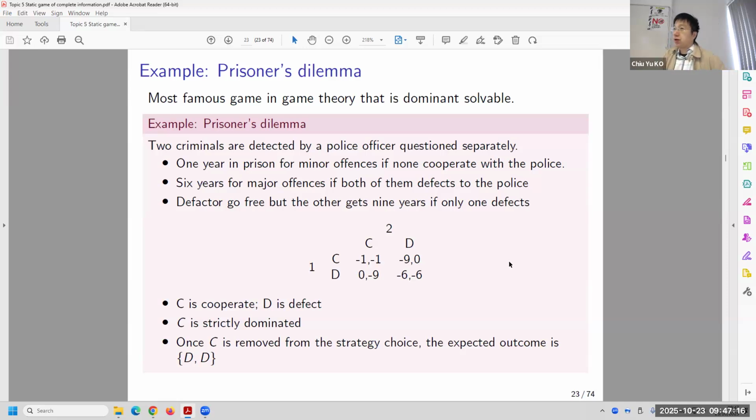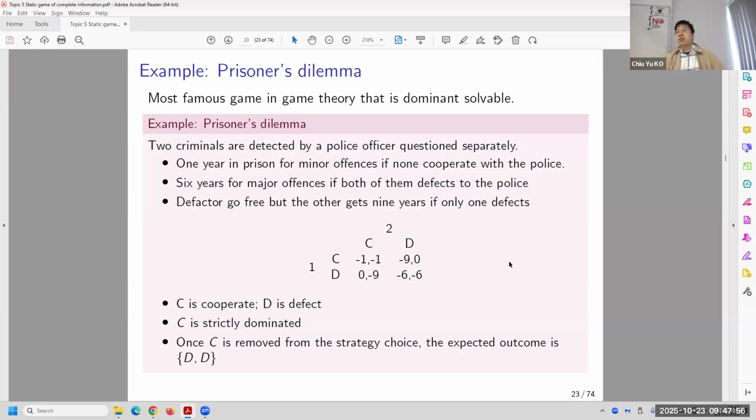That's why, if you are aware of our department seminar, if people can write a smart contract, they can get C. I can write a contract that says I will choose D if the other people choose D, and I will choose C if the other people choose C. The contract can solve the equilibrium. So if you allow smart contract equilibrium, C can be the case. It is possible that if you have some external way to enforce, C is possible.